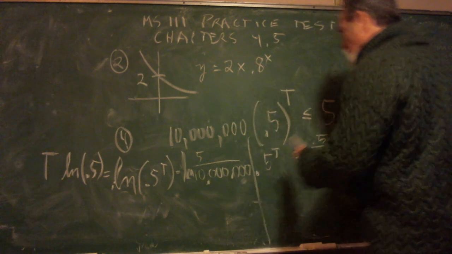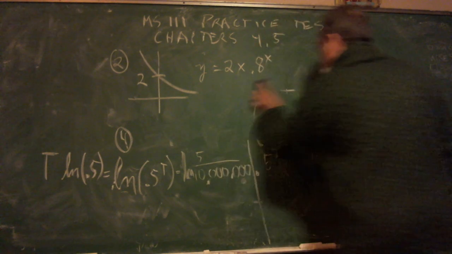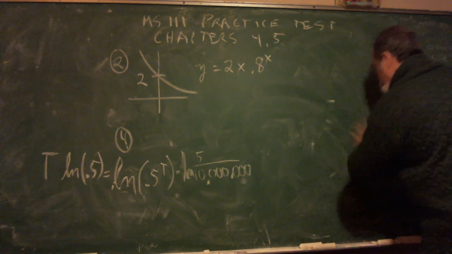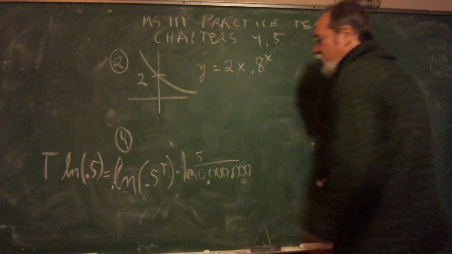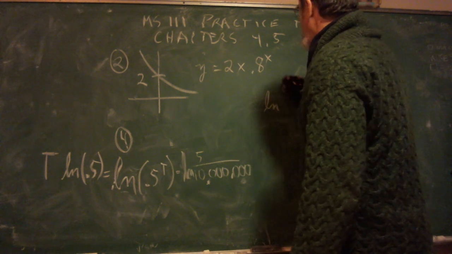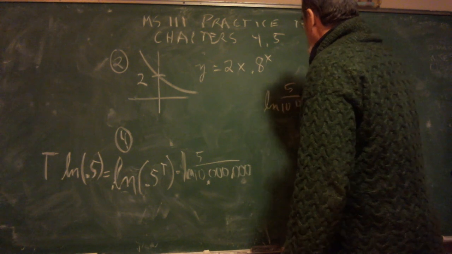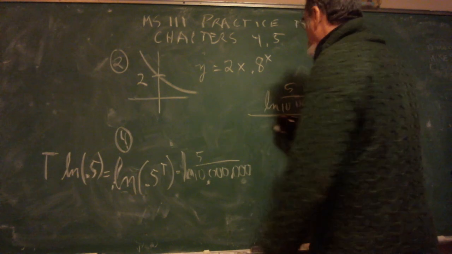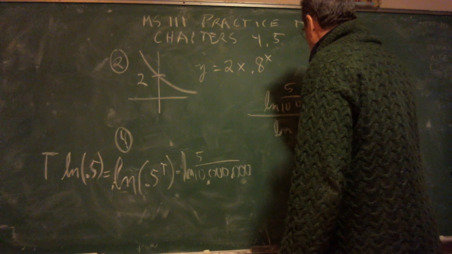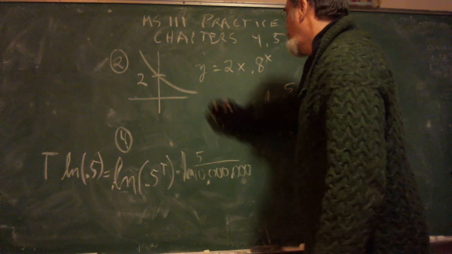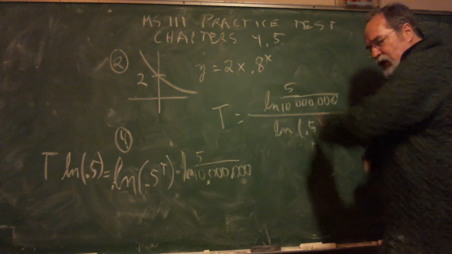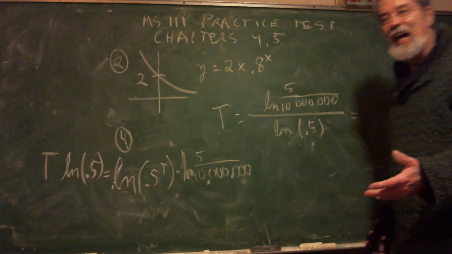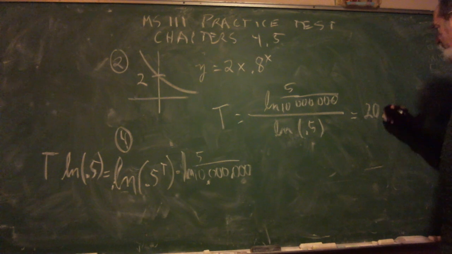So the final step, solving for T, is the natural log of 5 over 10 million, divided by the natural log of 0.5. You do the division on your calculator correctly, and it's going to come out to be 20.9 with some other stuff.